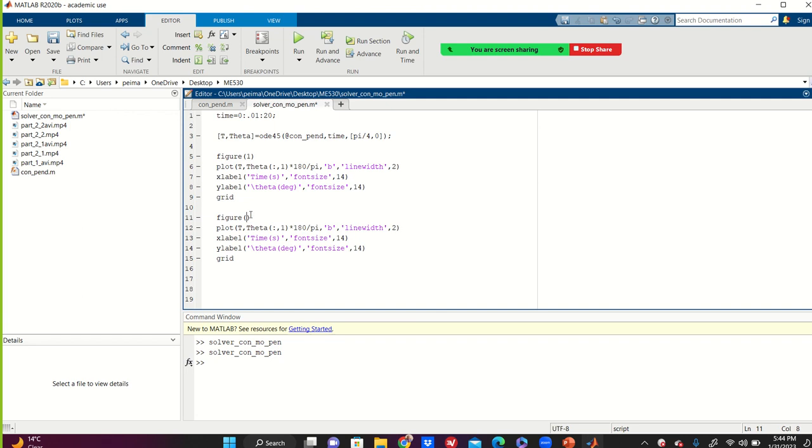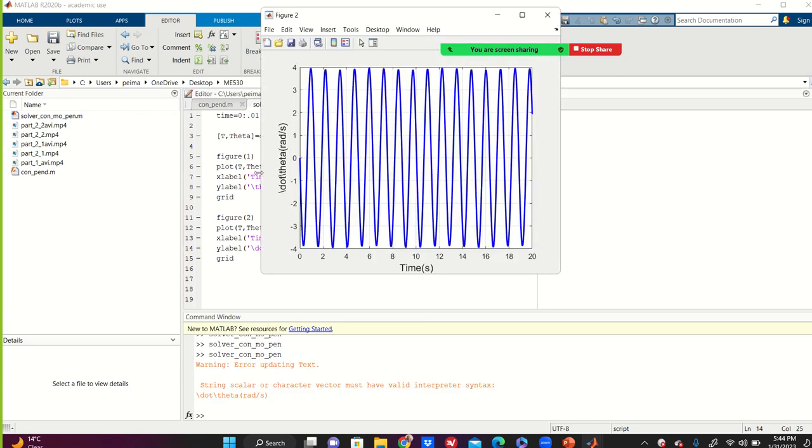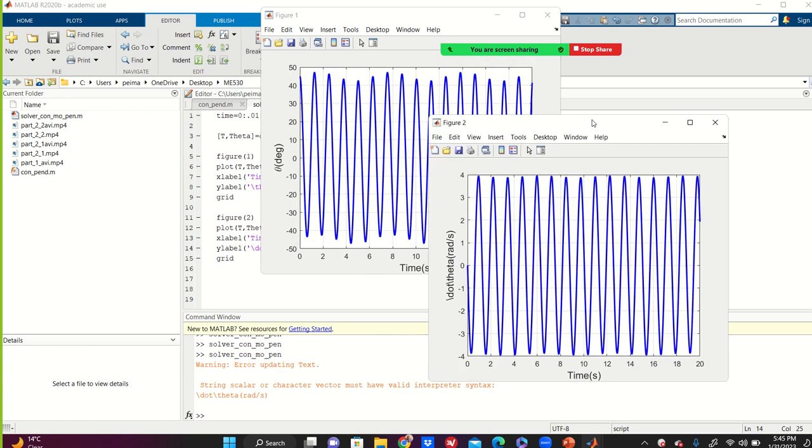If I say figure 2, I want to plot the angular velocity as the second state variable. I'm going to change the label to theta dot, in radians per second. Here we go. Figure 2. So this is the angular velocity of the pendulum.